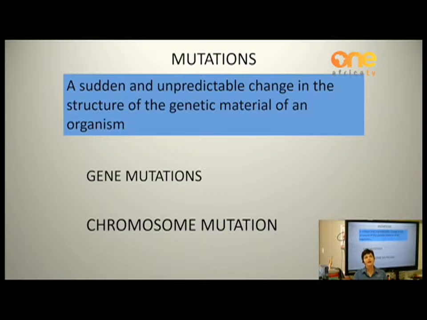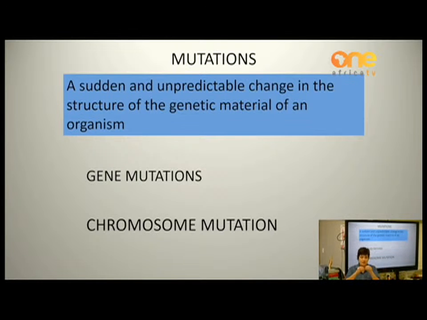Now, but in this variation, there can also form mutations. What is a mutation? A mutation is a sudden and unpredictable change in the genetic material of an organism. Now you remember we had three ways how a gene can change.